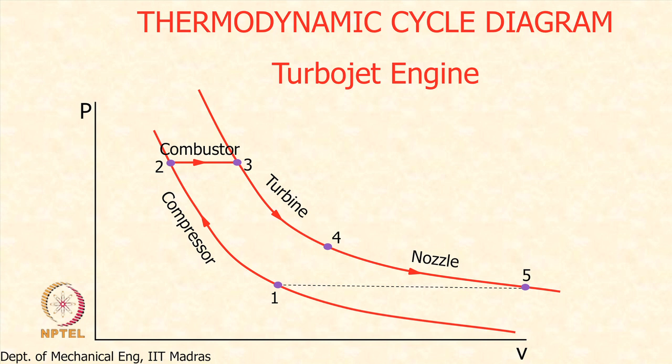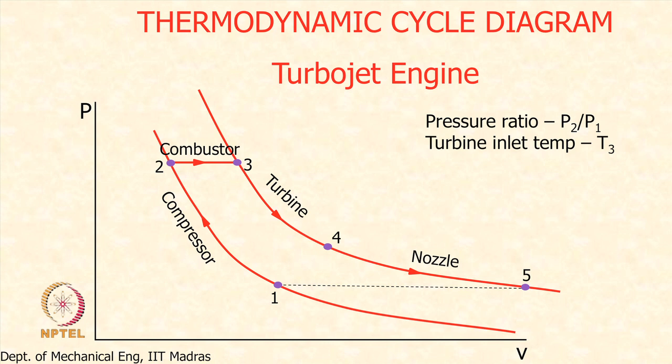So the thrust is generated in 4 to 5. Notice that the working fluid does not actually undergo a cyclic process here, because we do not come back to state 1. We take in air at state 1, it executes these processes, and then it leaves at state 5.